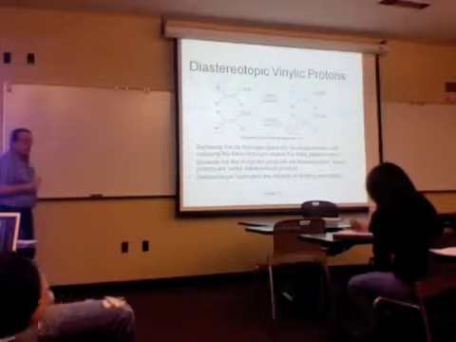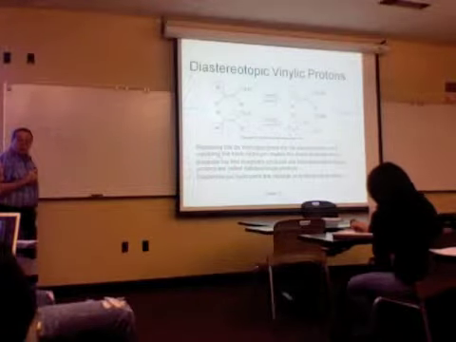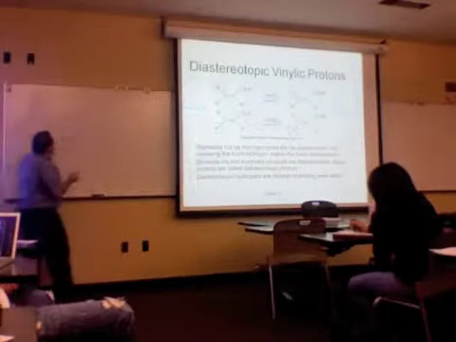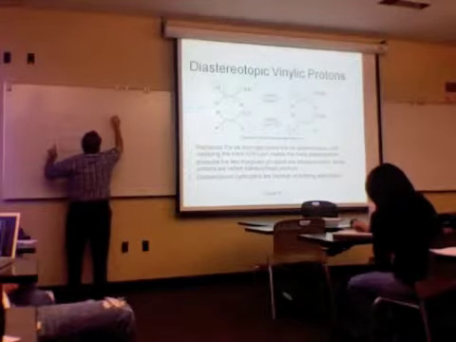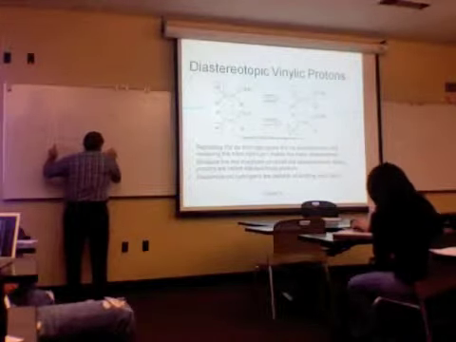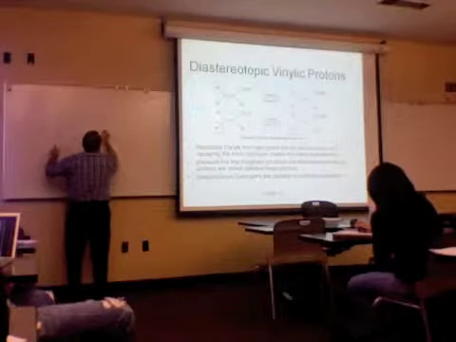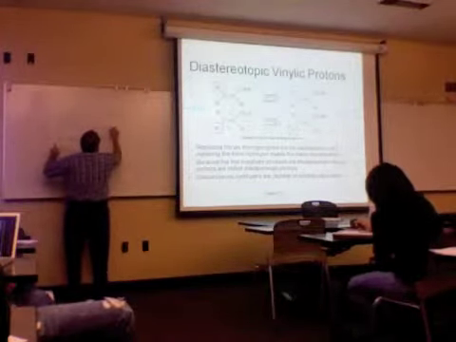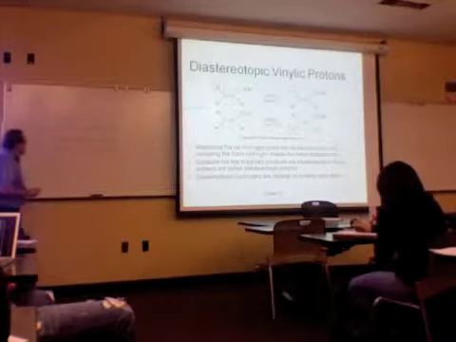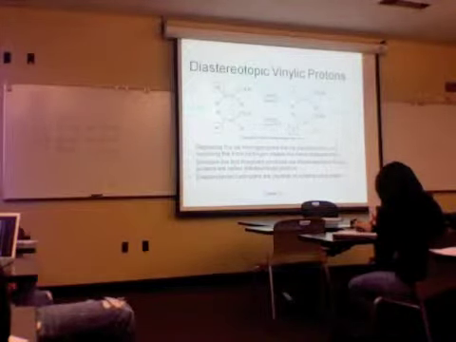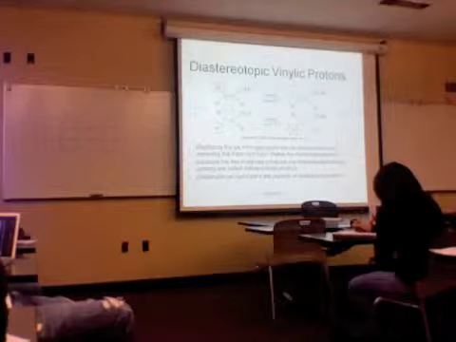Remember when we had 2 chiral centers, and we had Fischer diagrams and all that? I could have another version of this. These are stereoisomers of one another, but they're diastereomers. They're not mirror images of one another.